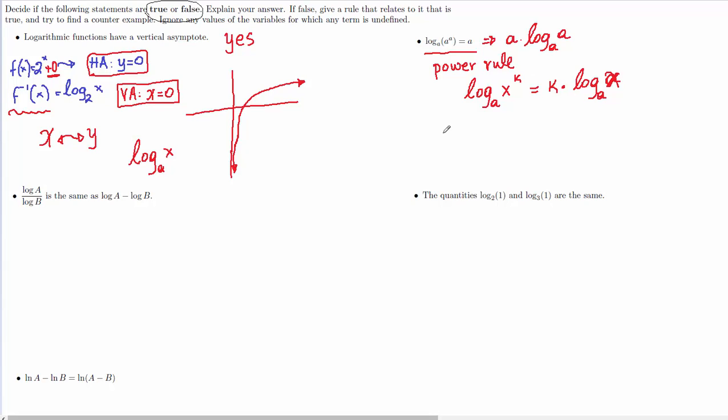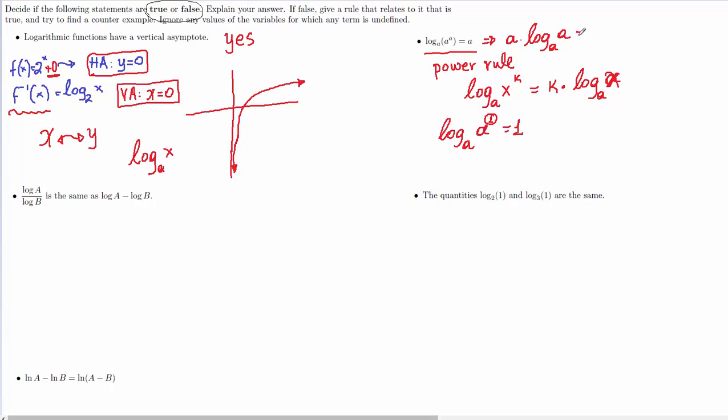Now we also know that the log with base a of a is nothing else than 1. Why? Because a has no exponent, so we can assume that the exponent here is 1, right? It doesn't change anything. a to the first is the same as a. So the log of that is 1.